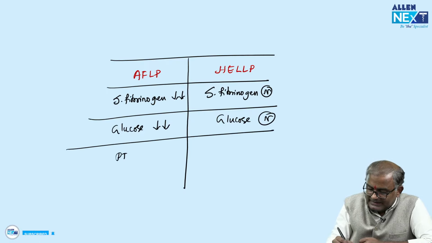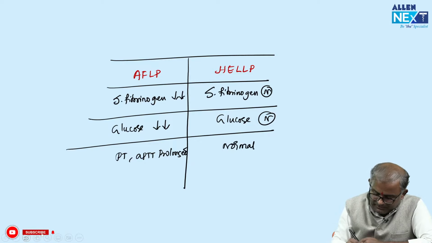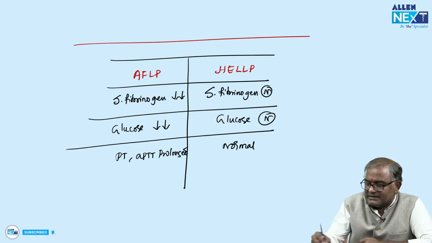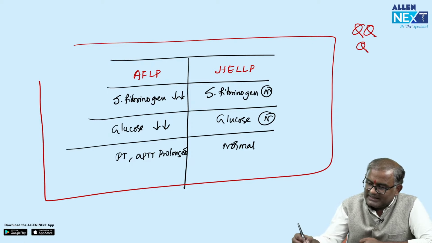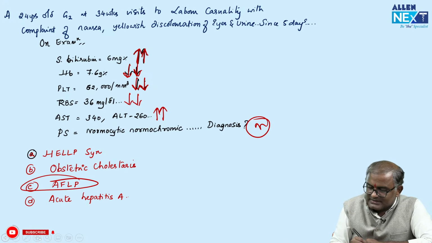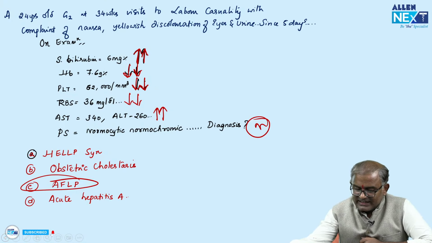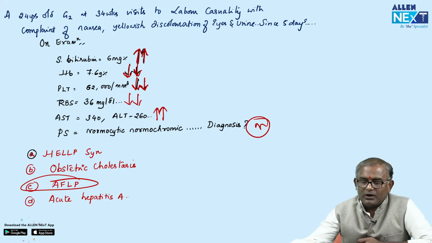In AFLP your PT, APTT are prolonged; in HELLP your PT, APTT will be normal. These are the few golden differences between acute fatty liver of pregnancy and HELLP syndrome. I think you are all happy with this. Platelet count is decreased in both. Doctor, you now know how to differentiate HELLP syndrome and AFLP.